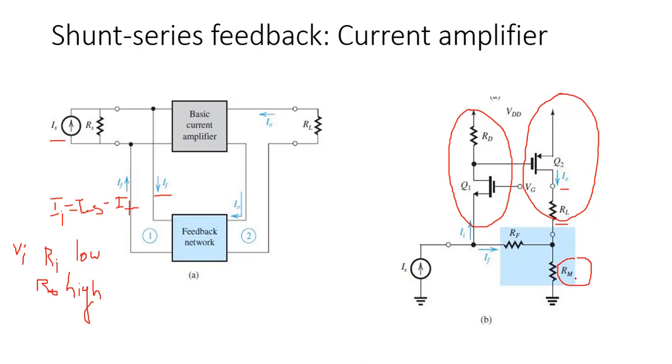The output voltage developed across Rm is fed via the feedback resistance Rf to the source node of Q1. This is the source terminal, gate terminal, and the drain terminal. Over here, this is source, drain, and the gate terminal.